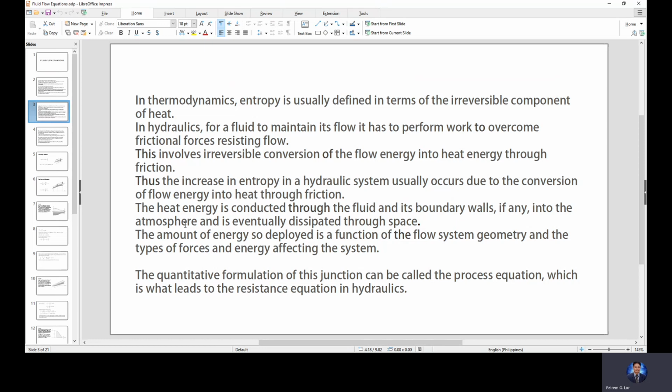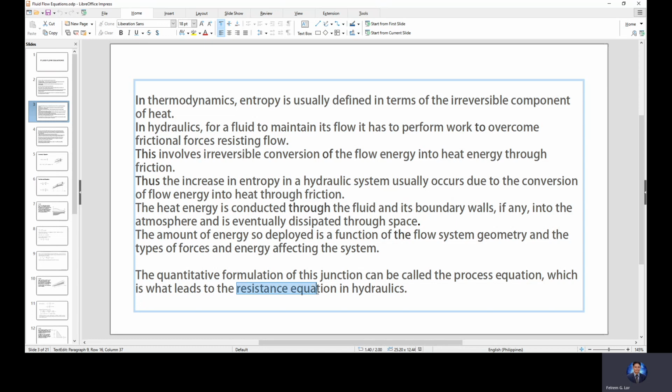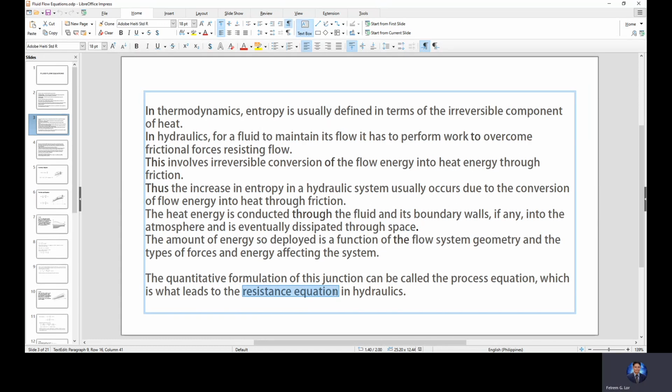The quantitative formulation of this function can be called the process equation, which leads to the resistance equation in hydraulics. Yes, we will discuss this one later, the different components resisting the flow in hydraulics. It is very important when designing water flowing in a pipe or in an open channel.